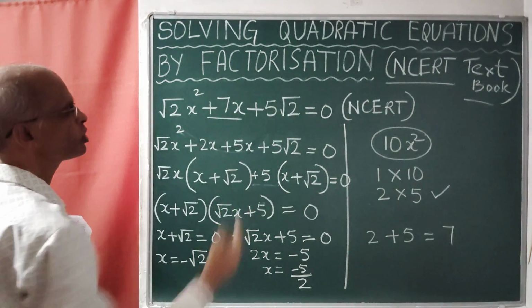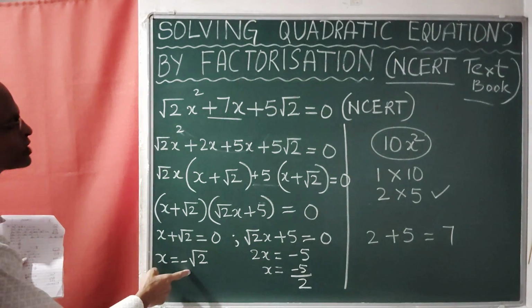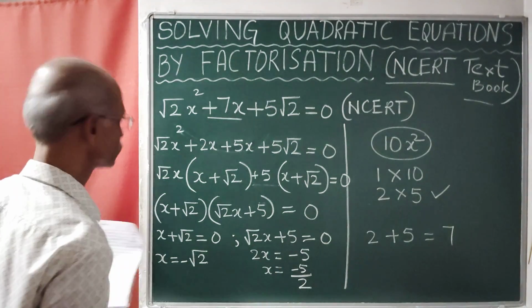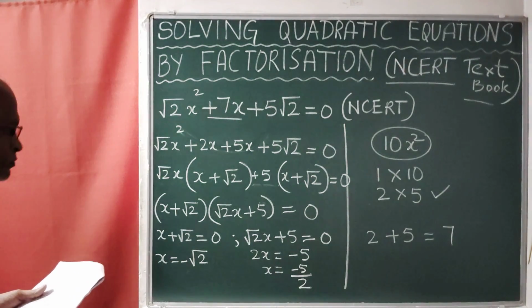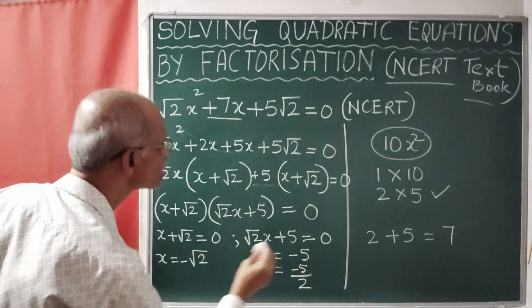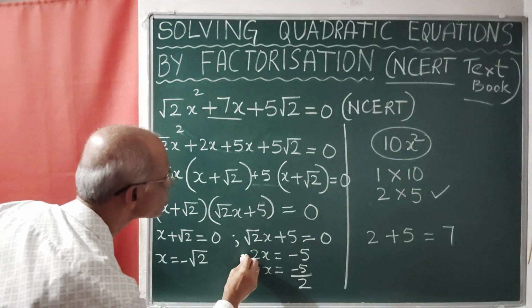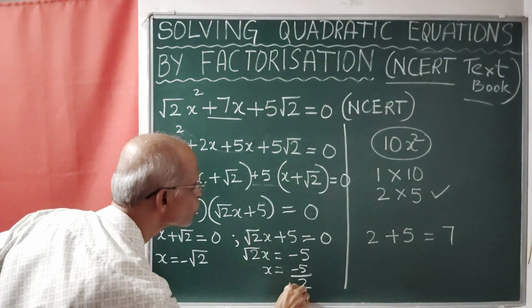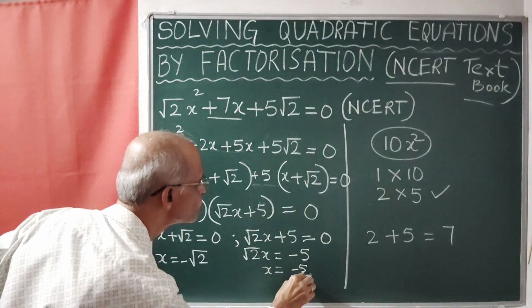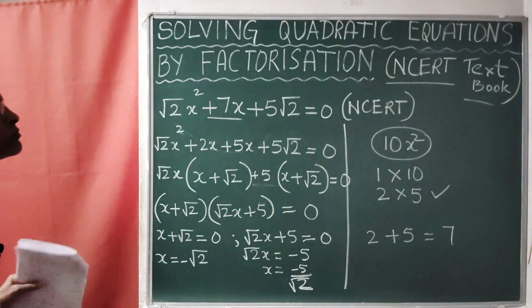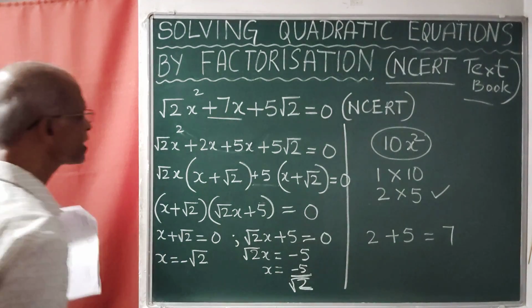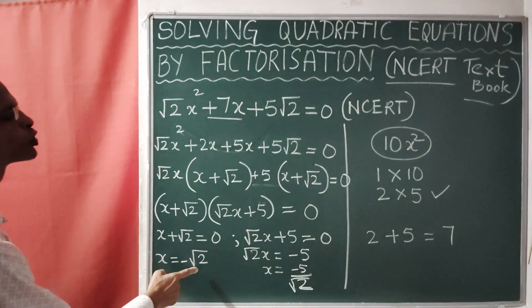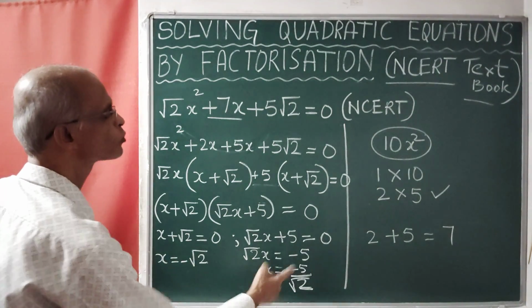This equation has got two roots, that is minus root 2 and minus 5 by root 2.